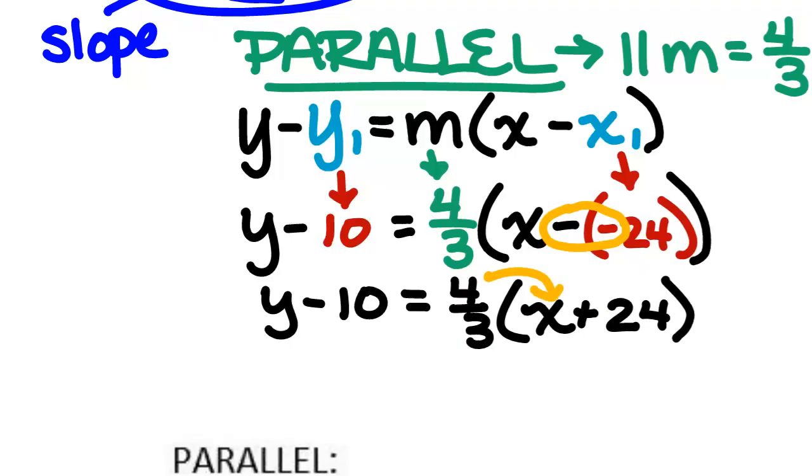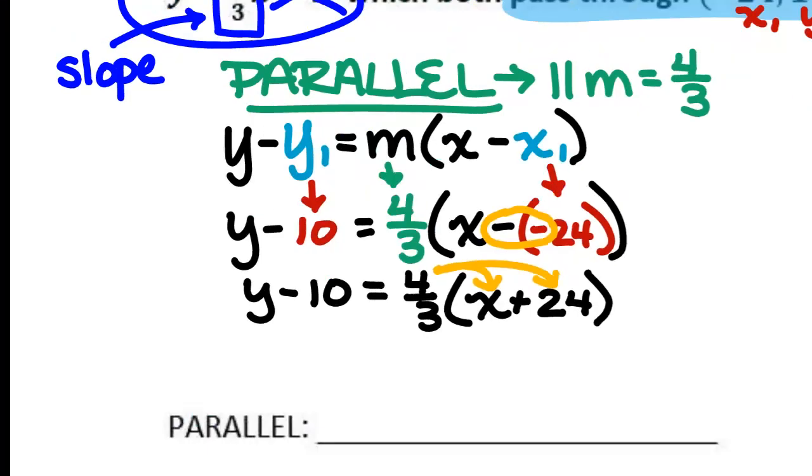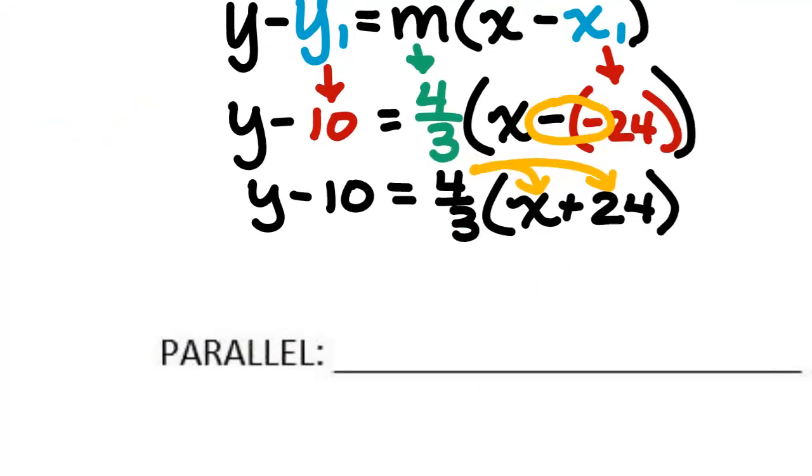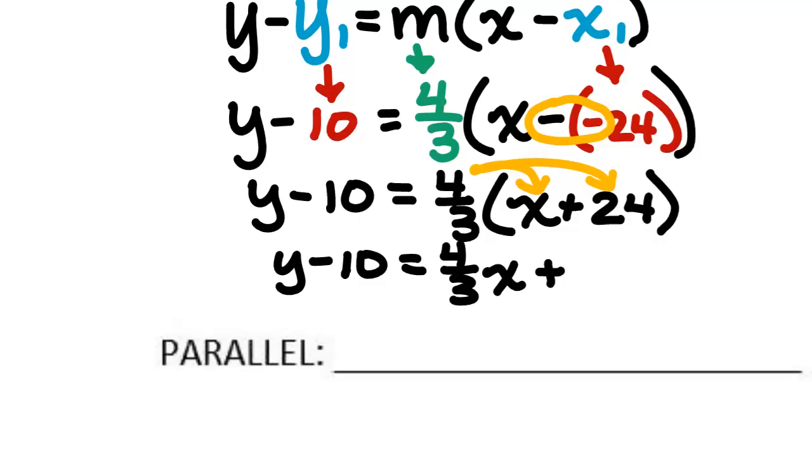Then we distribute this 4/3. Please make sure you multiply both pieces by the 4/3. So it'd be y minus 10 equals 4/3 x plus, what is 4/3 times 24? 32.